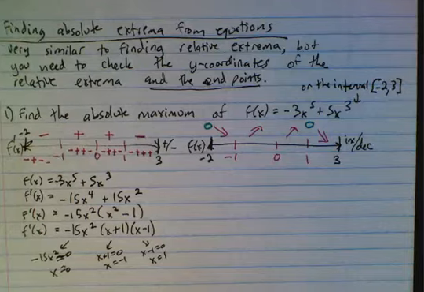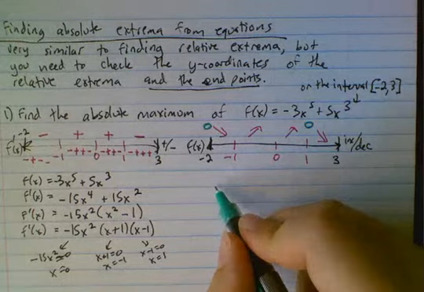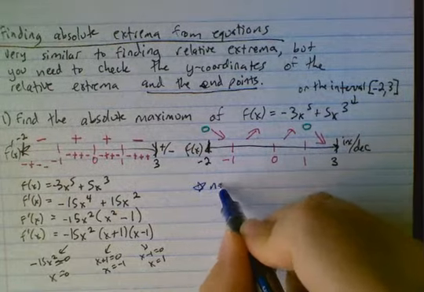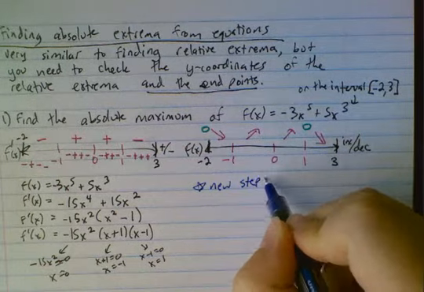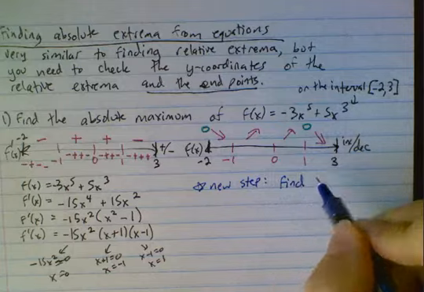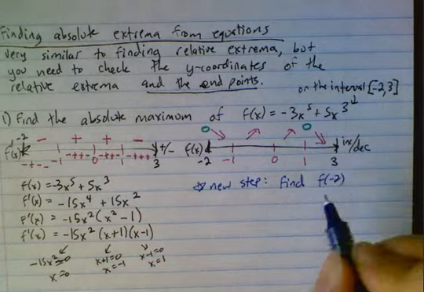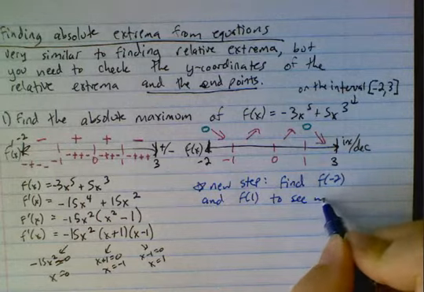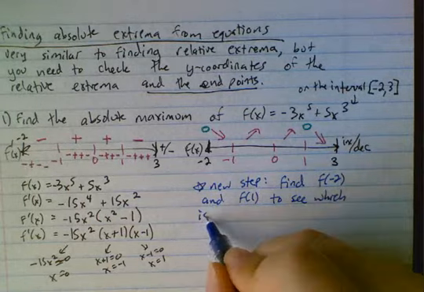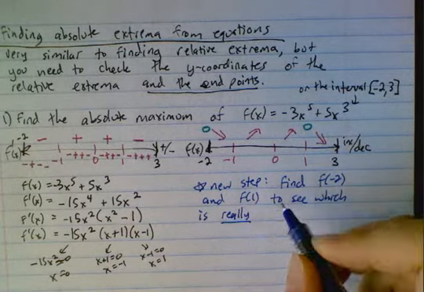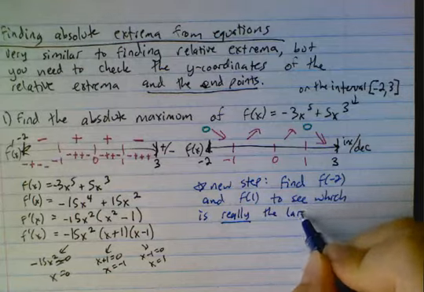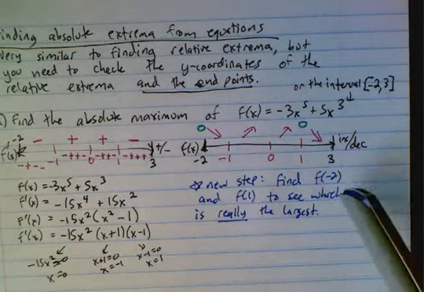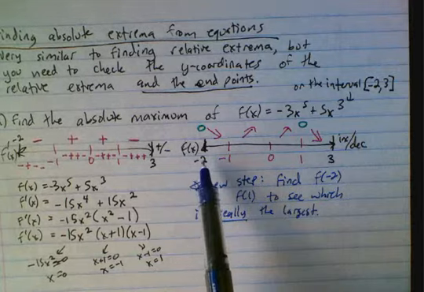So what we have to do now is check, let's do this in blue, we're going to find f of -2, which is one potential absolute maximum.